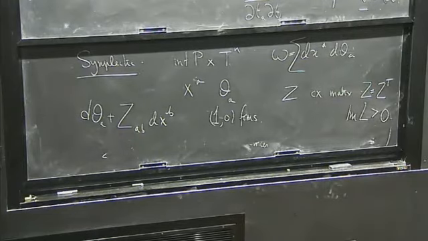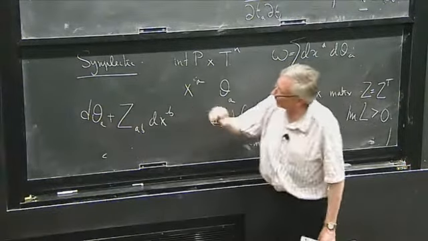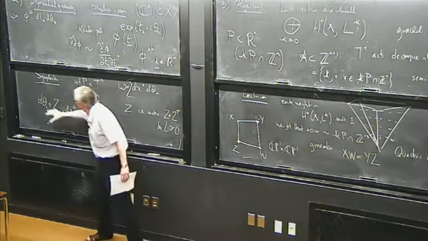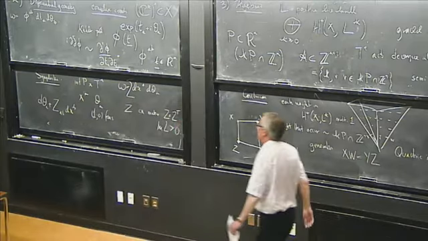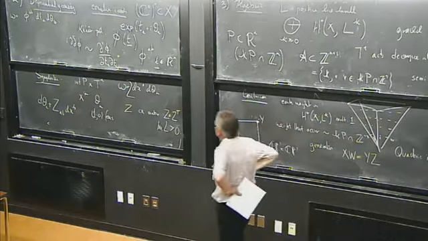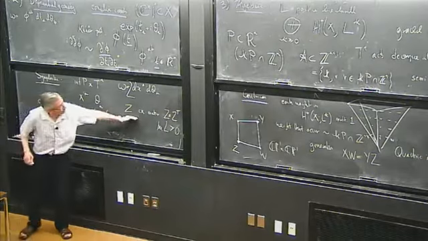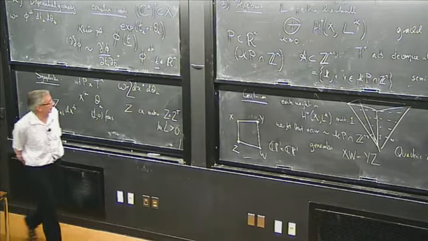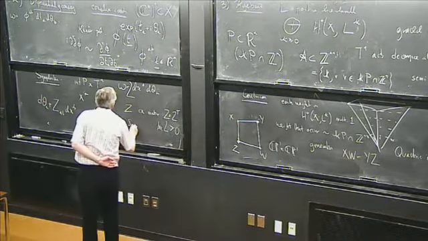If we have such a thing, then, this is just algebra at a point, we define a complex structure compatible with this symplectic form by saying that these things define the 1-0 subspace of the complexified cotangent space. This is what's called the Siegel upper half space. This is the standard description of the Siegel upper half space.